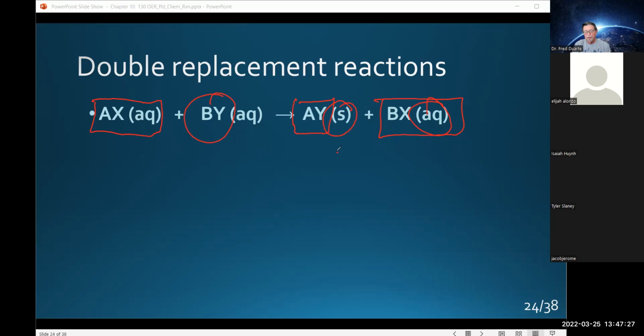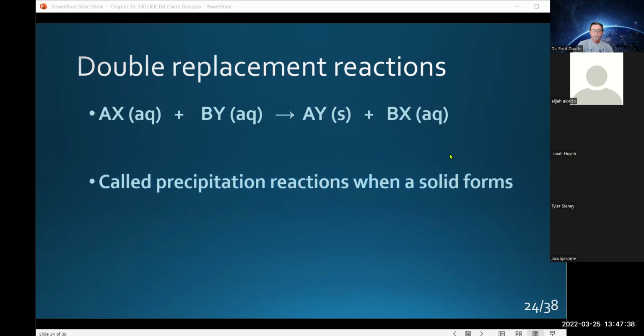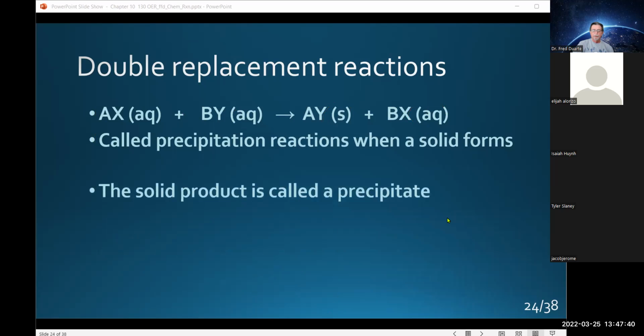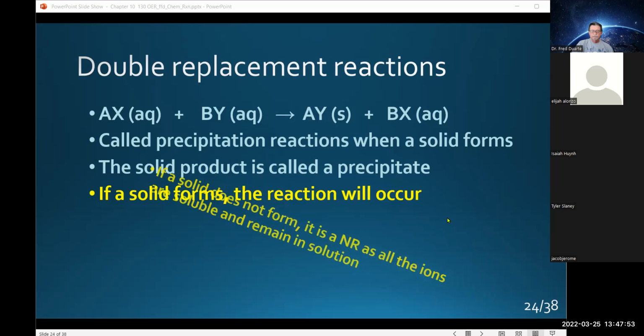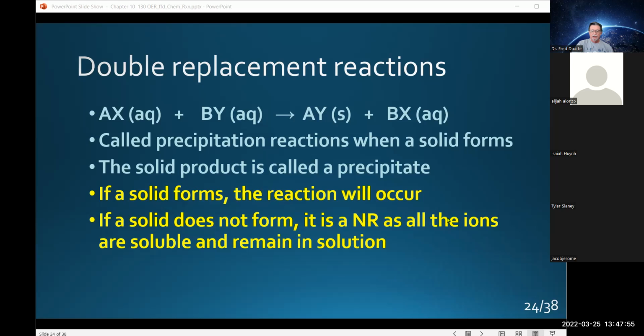If AY was soluble, aqueous, then there would be no reaction, okay? No reaction. All right, so let's do a couple examples, okay? We talked about this before, where these solid materials are called a precipitate. That's a rehash of what I just stated.